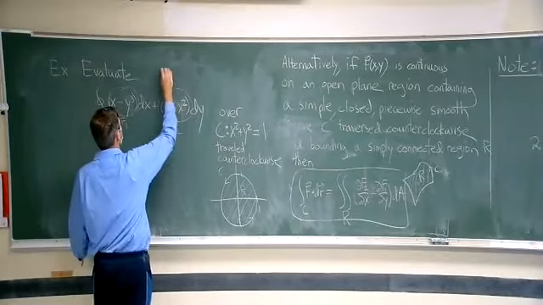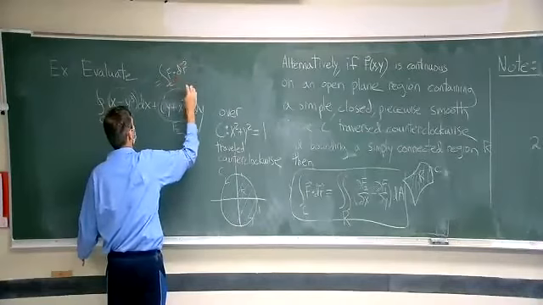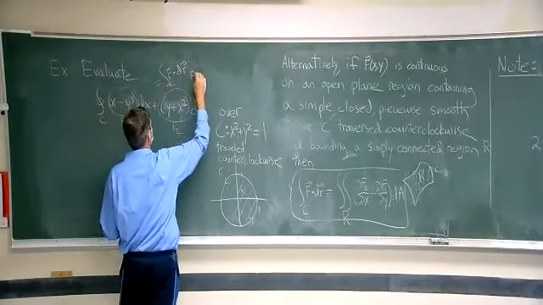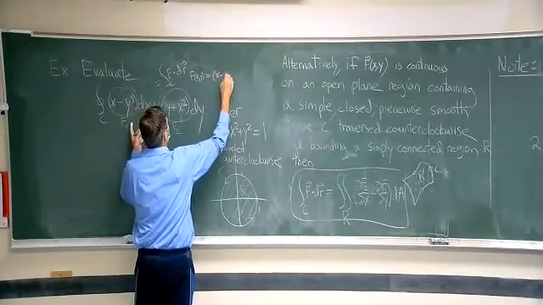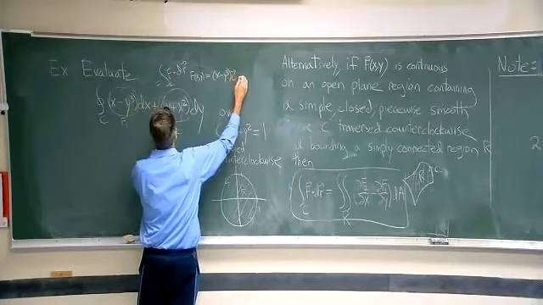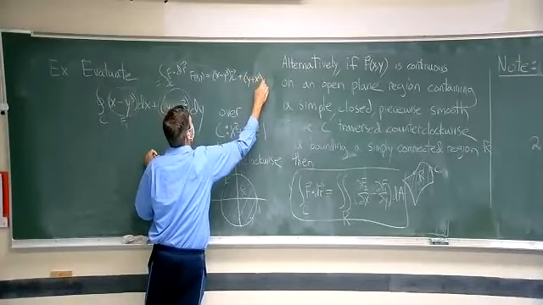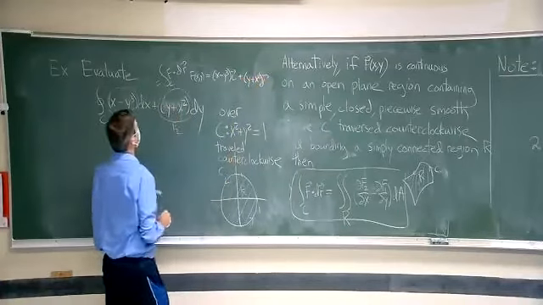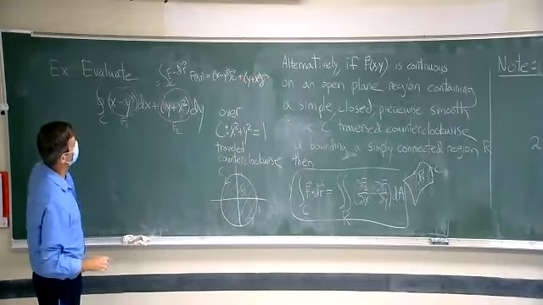And this is just another notation for f dot dr along C, where f has these components, x minus y cubed i, and x plus y plus x squared j. So this is just another notation for doing this line integral with that vector field.